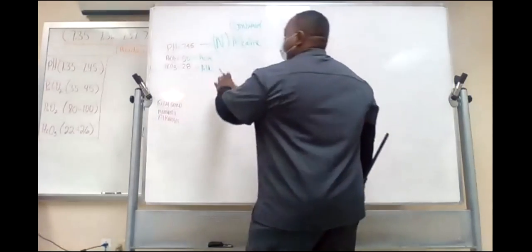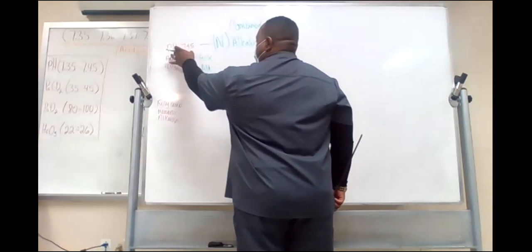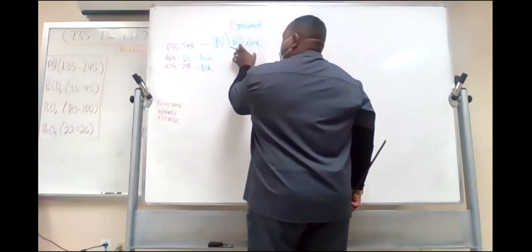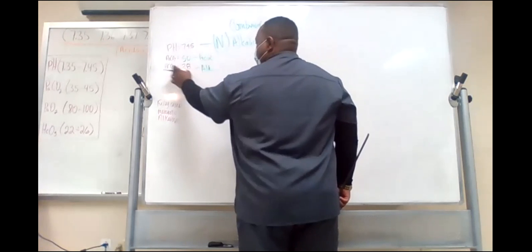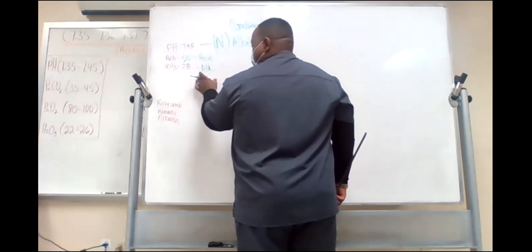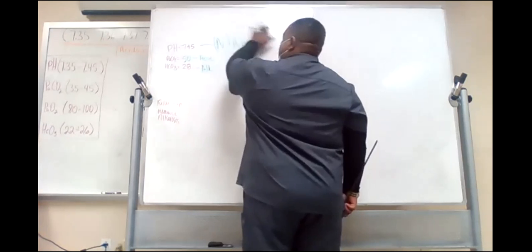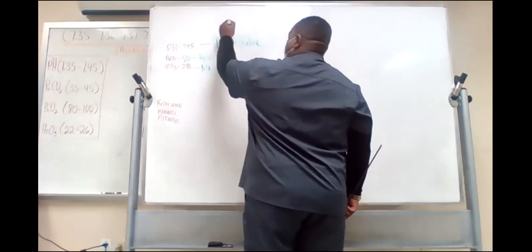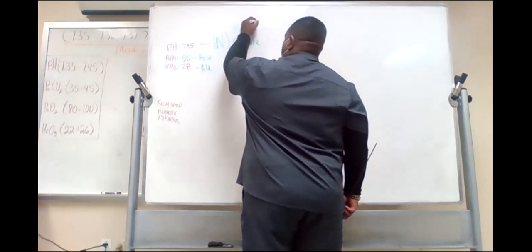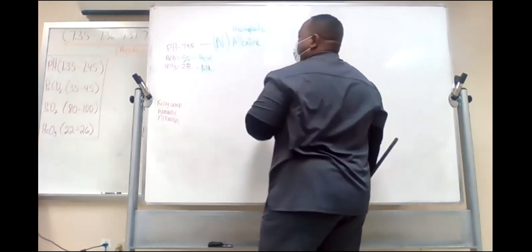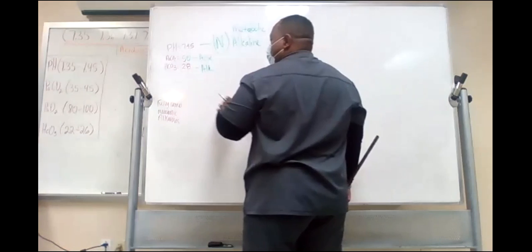Okay? So if we had a pH of 7.45, that would be normal alkalosis, right? And then we see who's causing the problem. Bicarb is 28. That's alkaline. So that would be a metabolic alkalosis, right? And then we look at the third player.